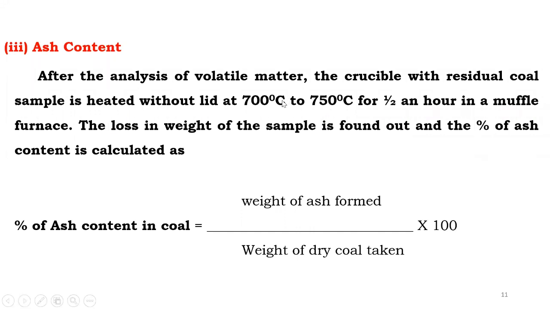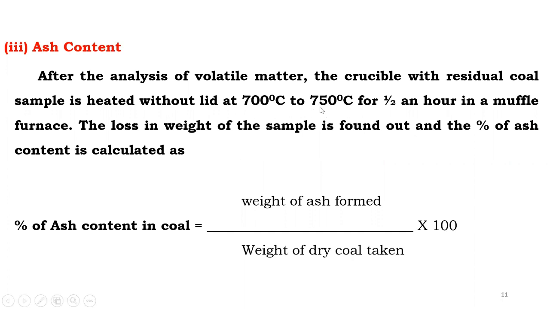Once, in the third step, we kept it at 700 to 750 degrees centigrade for half an hour in a muffle furnace in open air. Generally the carbon will combust at 700 to 750 degrees centigrade.